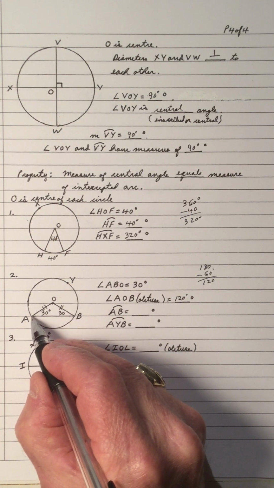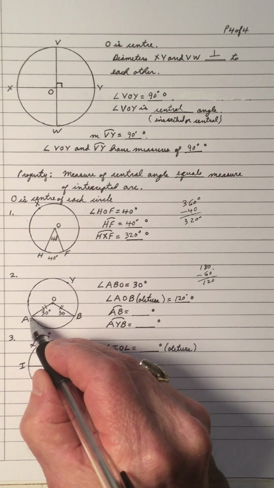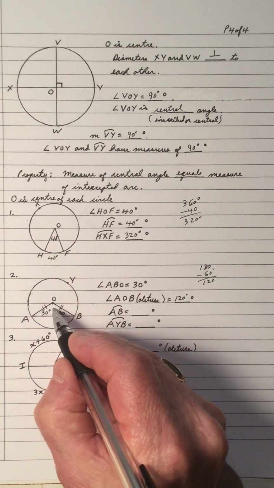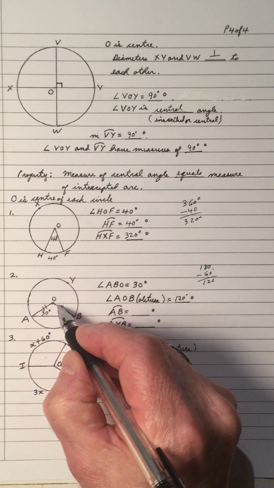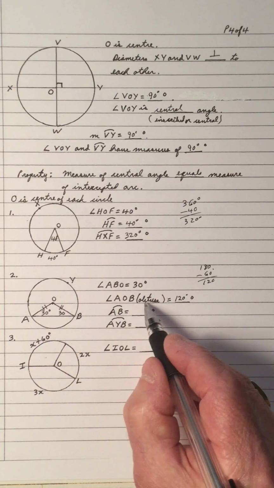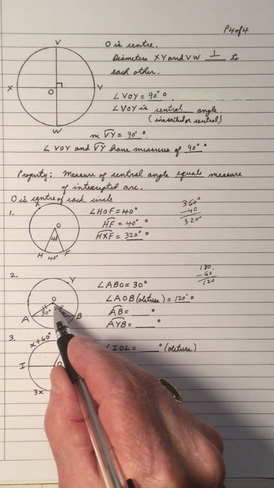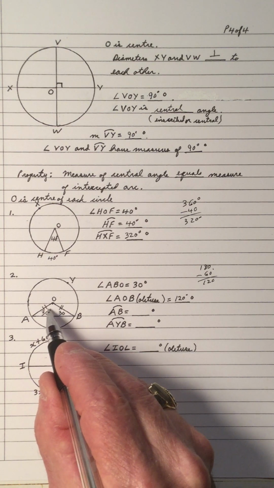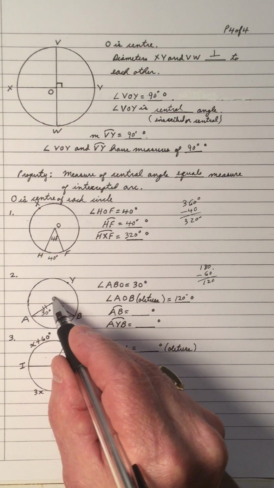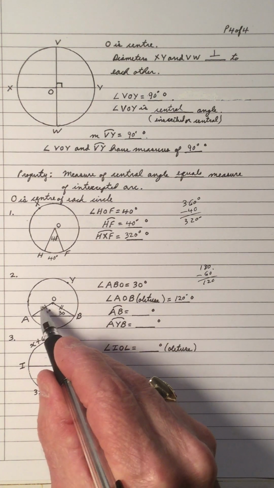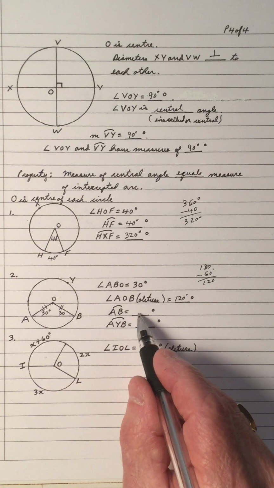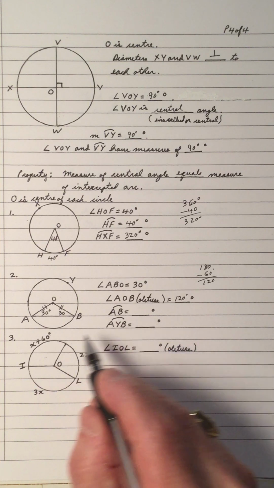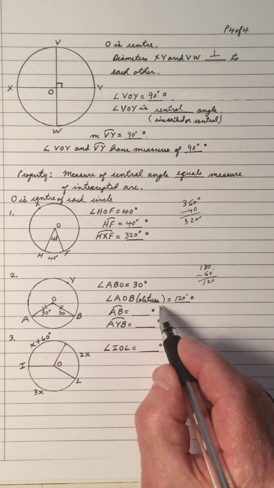Because we have a circle, AOB could be this angle, or AOB could be this reflex angle, more than 180. So I said AOB was obtuse. That means this is the one I'm talking about right here, to make it 120, because this one over here is 360 to go all the way around.